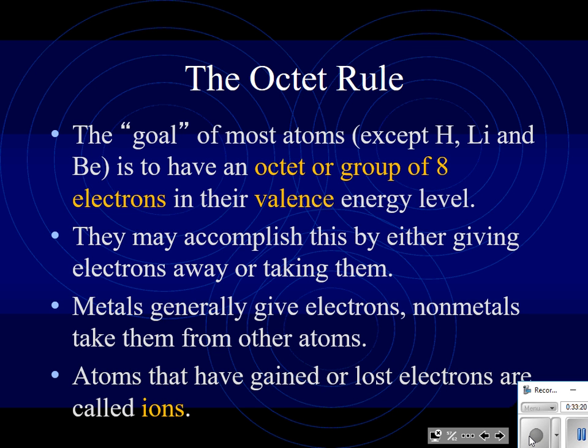So the octet rule deals with an octet, or a group of 8 electrons, in their valence energy level. Valence is the outermost energy level. Now, most atoms want an octet of 8.